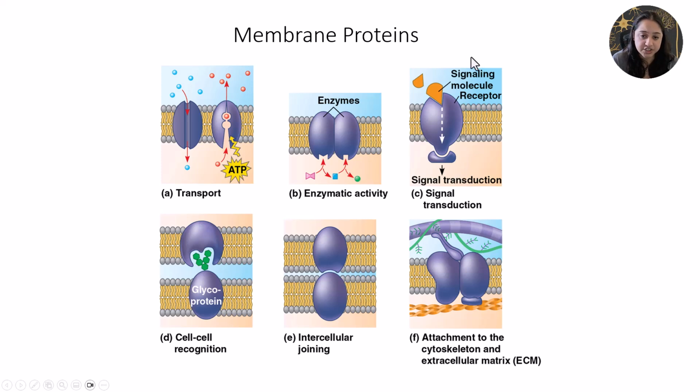A signal transduction pathway would have a signaling molecule bind to a receptor, and then this receptor would send some signal and pass on that message. Cell-cell recognition is based on what's attached to proteins, which can help other cells know, okay, we're working together. Intercellular joining, and then again, this picture was here. Attachment to the cytoskeleton on the inside, and extracellular matrix. So it just depends on the protein, really.